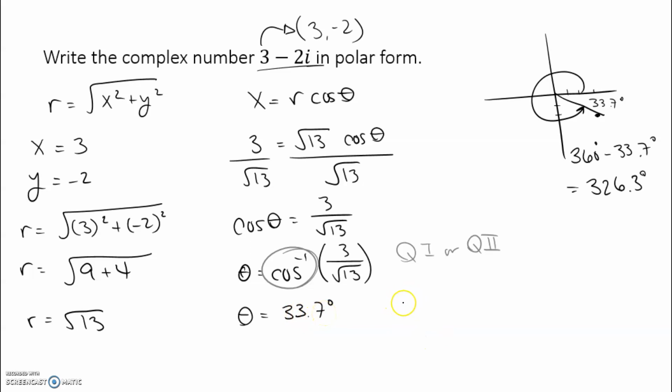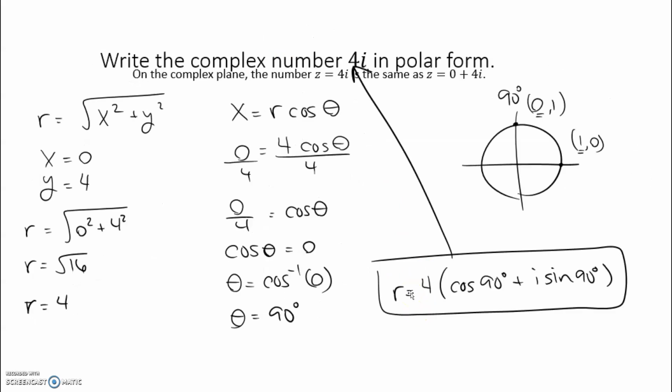Okay, so our polar form of this complex number would be, actually, this should be a z, since we're saying z is a complex number.